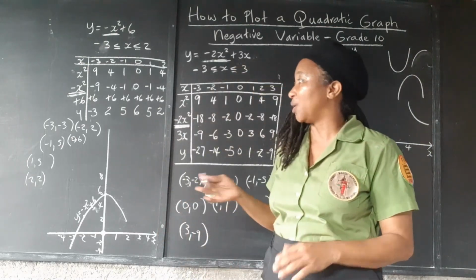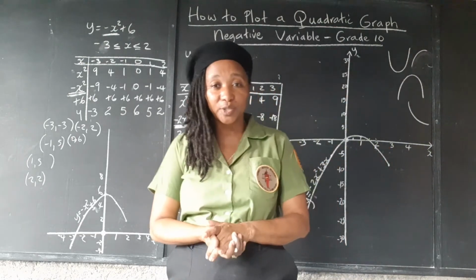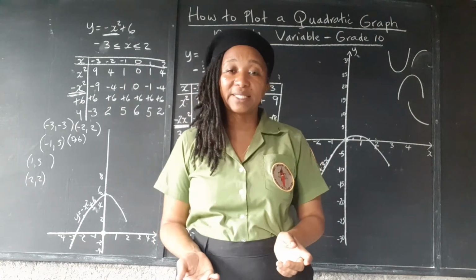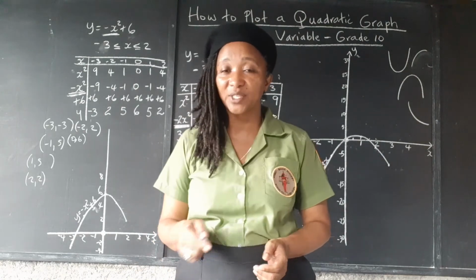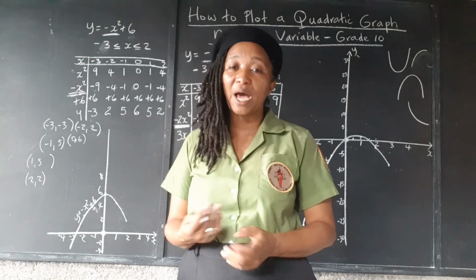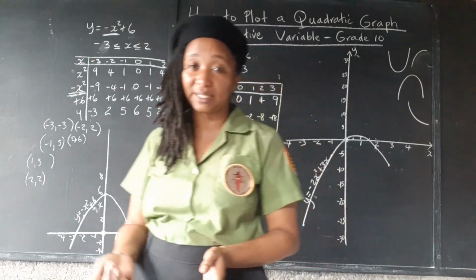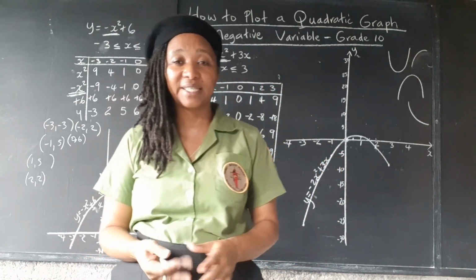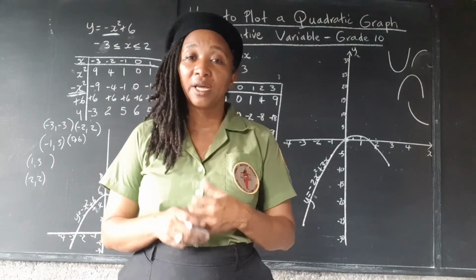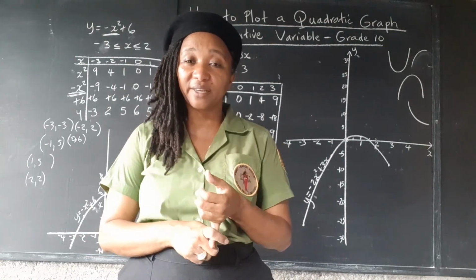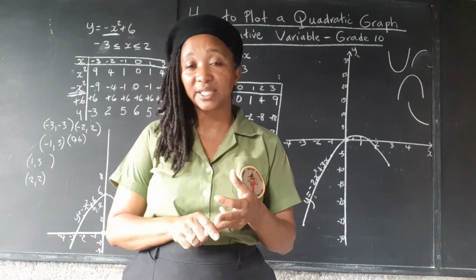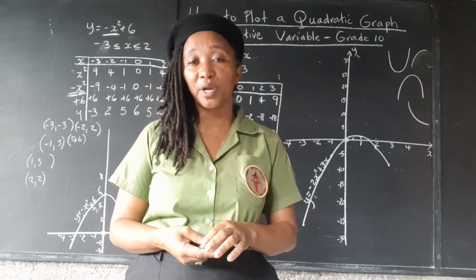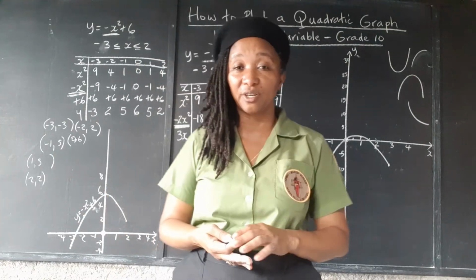Right? So check the video that I'm going to do now on quadratic equations with a positive x² term. And we'll see the orientation of that. Also check the graphs that were done on the linear equations, whether they were positive x coefficient or negative x coefficient, so you can compare the orientation of the graphs.